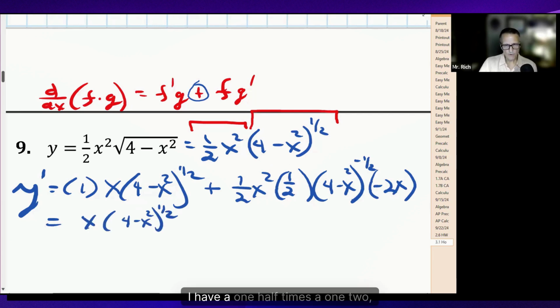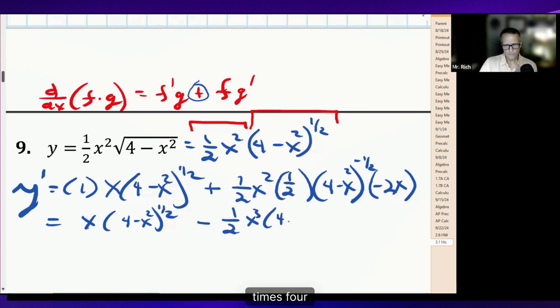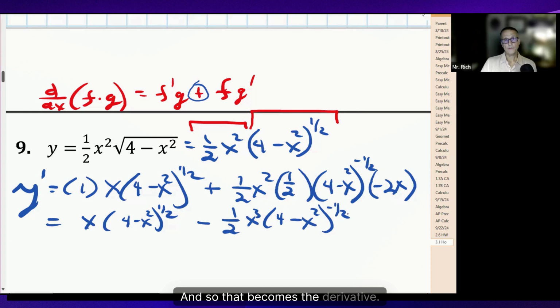Over here, I have a 1/2 times a 1/2, which is 1/4, times negative 2, or negative 1/2, right? That's 1/4 times negative 2. So that's a negative 1/2 x cubed times (4 minus x squared) to the negative 1/2. All right, and so that becomes the derivative.